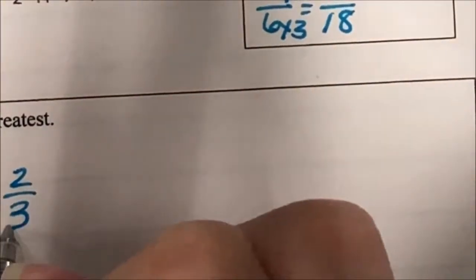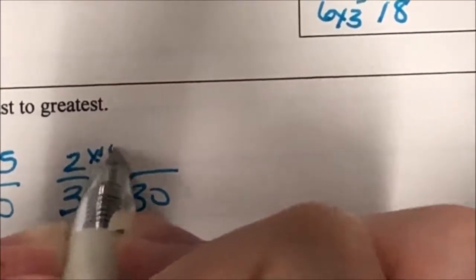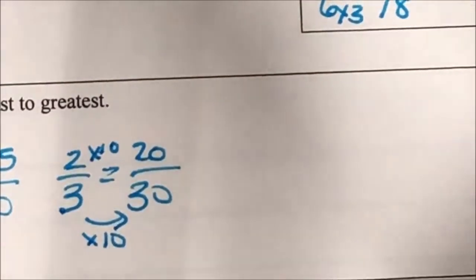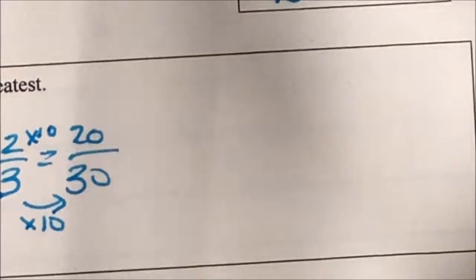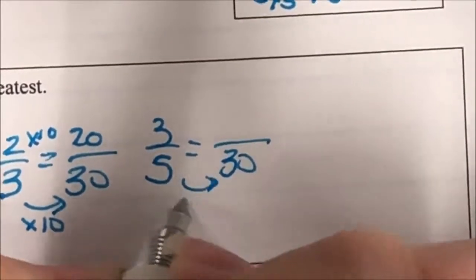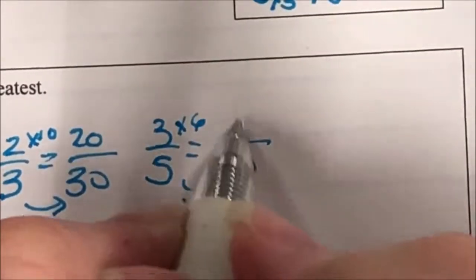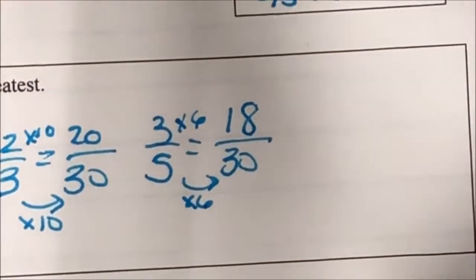For 2/3, I had to multiply by 10, so 2 times 10 is 20. And then for 3/5, I had to multiply by 6, so 6 times 3 gives me 18.